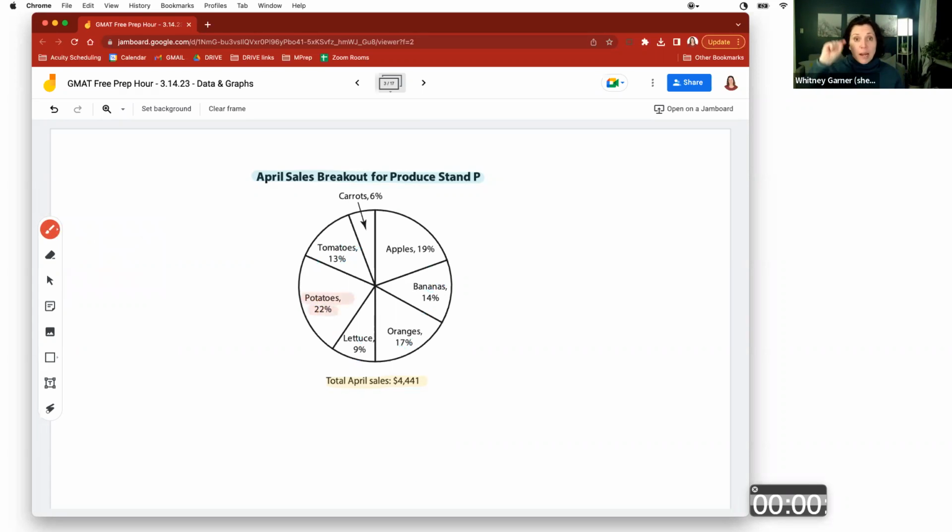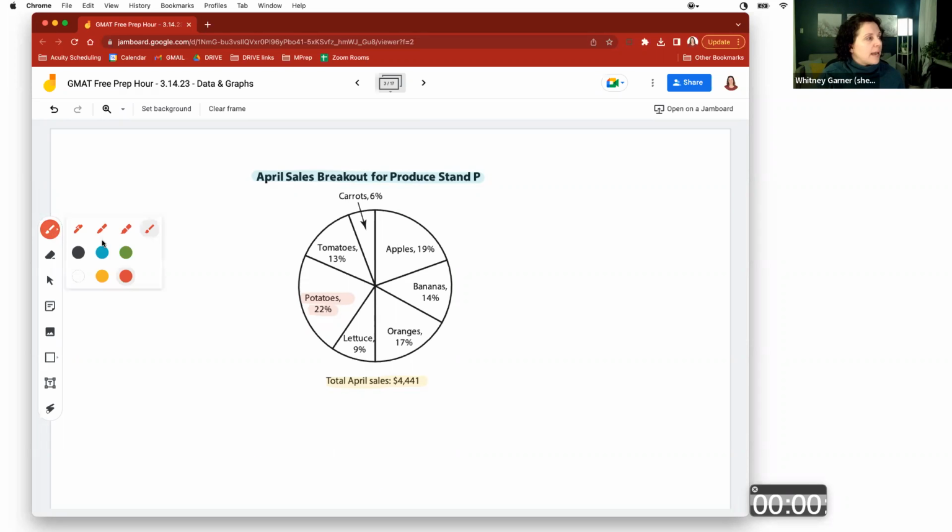So if it's a scatter plot, I pick a point. If it's a bar chart, I pick a bar. If it's a column chart, I pick a column. If it's a line graph, I find a point on that line graph. Or if it's something like a pie chart, I highlight one of the pie wedges. And I do that and say, okay, can I interpret what this means?